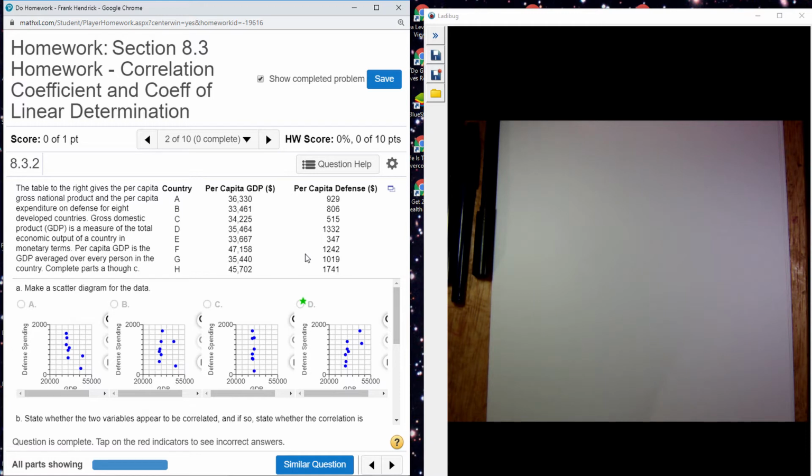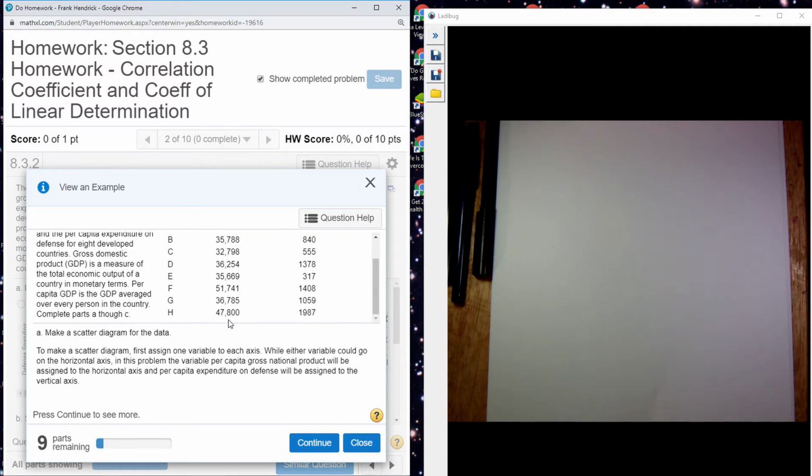And for this one here, we have the tables. See if there's one with it. Yes, there is one. All right. Make a scatter diagram for the data.